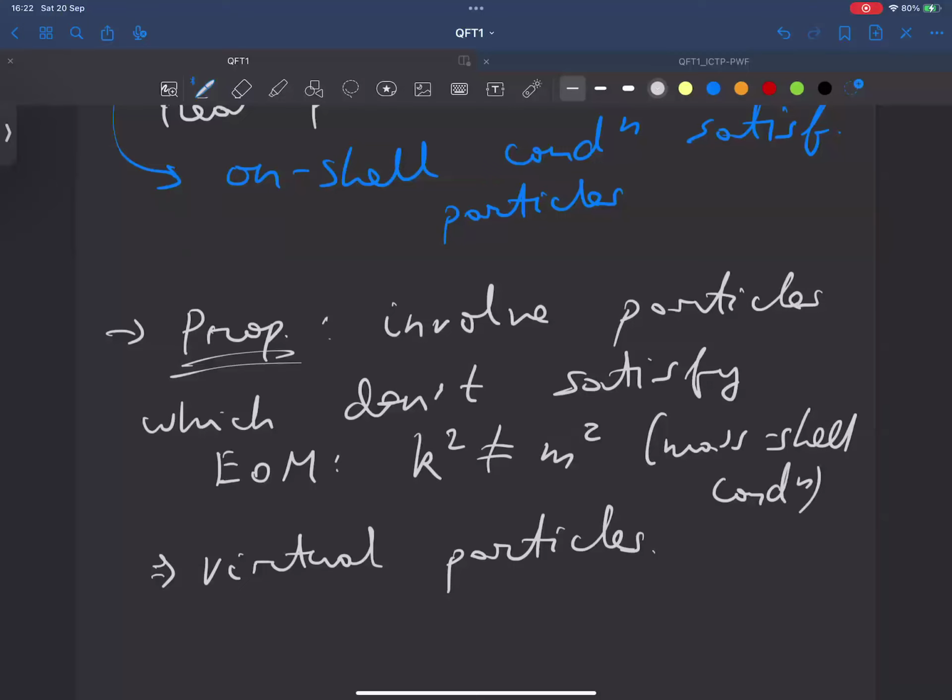They are virtual because they don't satisfy the equation of motion, and that's why they essentially capture what the propagator does. It carries the propagation of some interaction or whatever you are studying, like a scattering of particles. That is what is captured by the propagator, okay? And we explicitly showed that it doesn't satisfy the Klein-Gordon equation exactly. It satisfies the inhomogeneous Klein-Gordon equation with a delta function source.